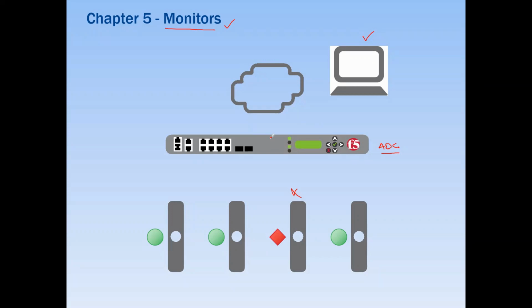So if an ADC knows that thing, yes, it can, even before it load balances the requests to the servers, make a decision on who is active, who is not active, and it can avoid routing the queries and connections to those servers which are not available, right?